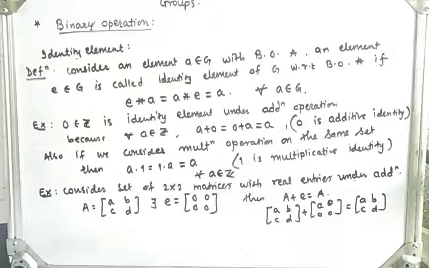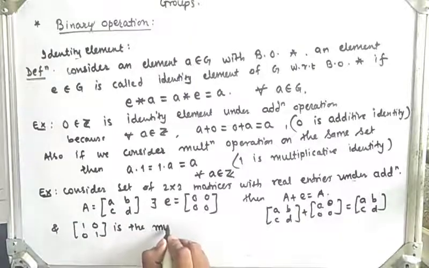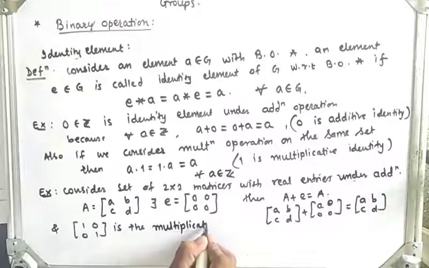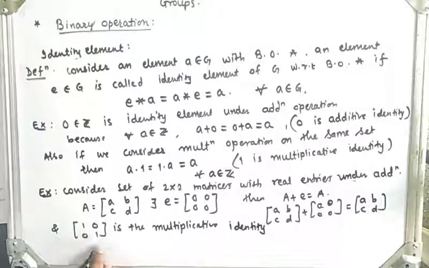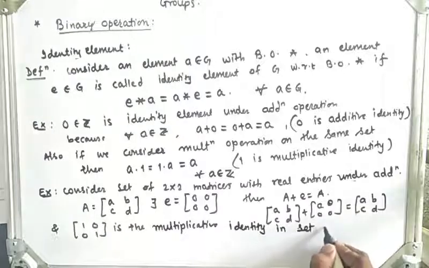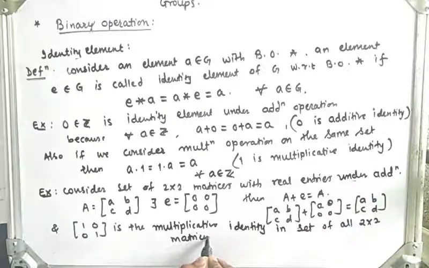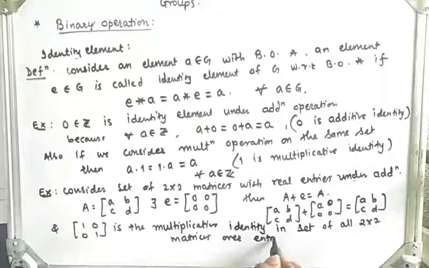And the multiplicative identity: [1 0; 0 1] is the multiplicative identity in the set of all 2 by 2 matrices with entries in R, the reals, right?